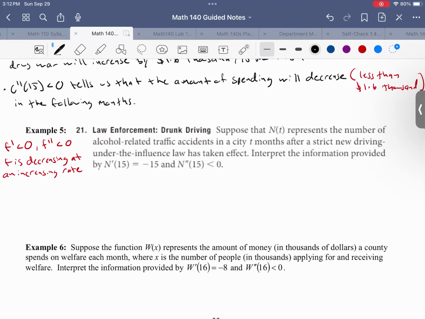N prime of 15 equals negative 15. What does this tell us?